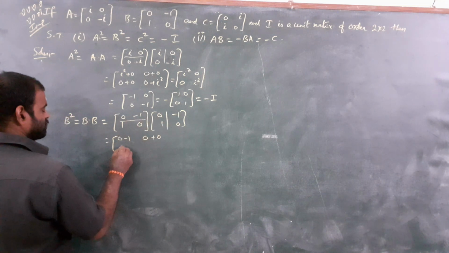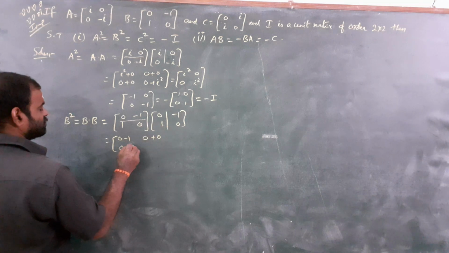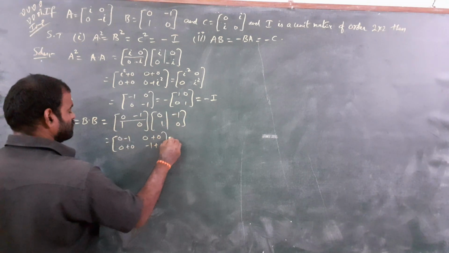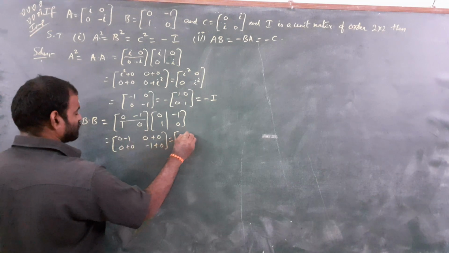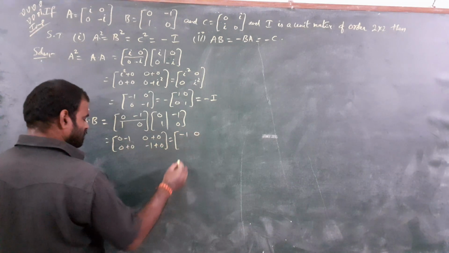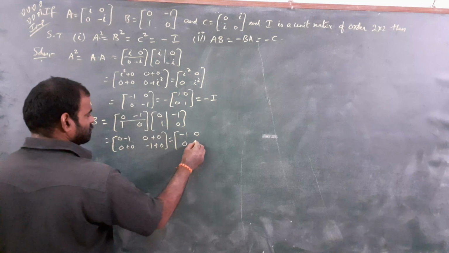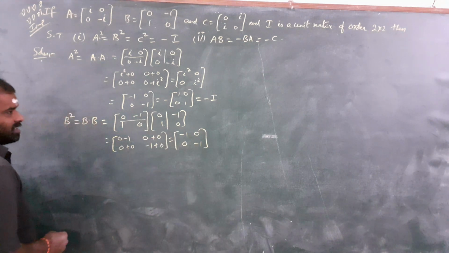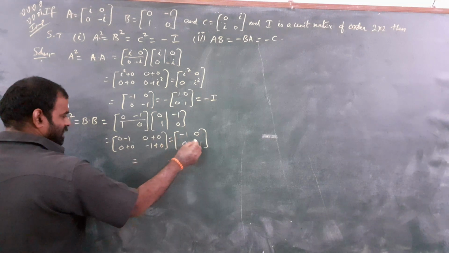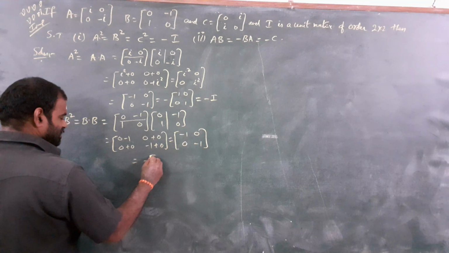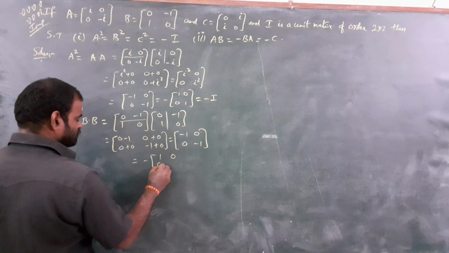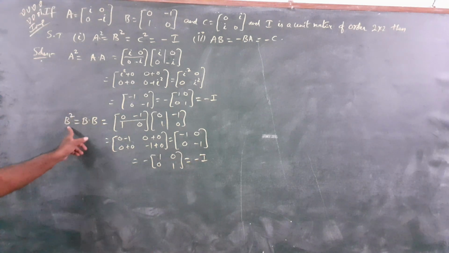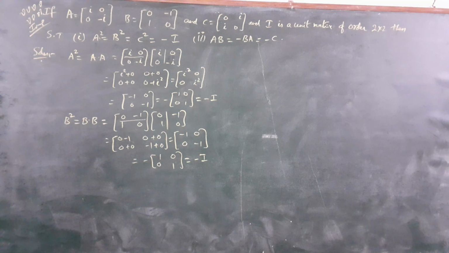Next 1 into 0, 0, 0 into 1 plus 0. Again 1 into minus 1, minus 1 plus 0. It is nothing but [minus 1, 0; 0, minus 1]. So if you take minus common from this matrix, what will remain here? 1, 0, 0, 1. So it is nothing but minus I. Again you get B square is also equal to minus I.